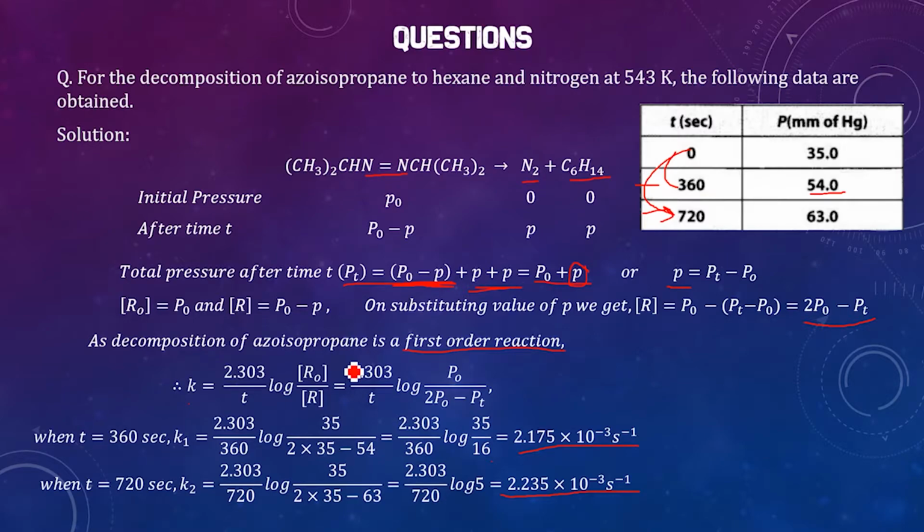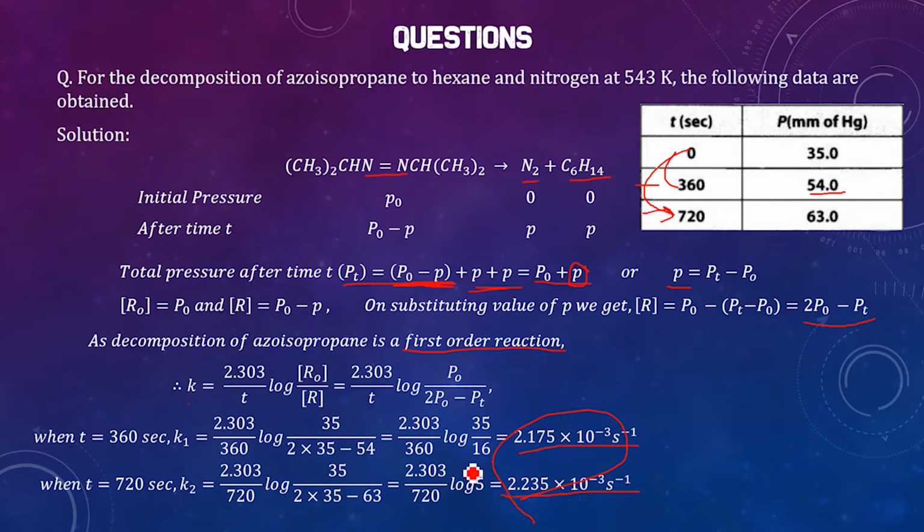If there are 2-3 time intervals, we have to find the K value, and if the K value comes almost equal or equal, then we can say that yes, it is a first order reaction. Got it? It should be almost equal or equal. So you can see that it is 2.1 and it is 2.2, almost equal. So that's why you can say that it is a first order reaction.